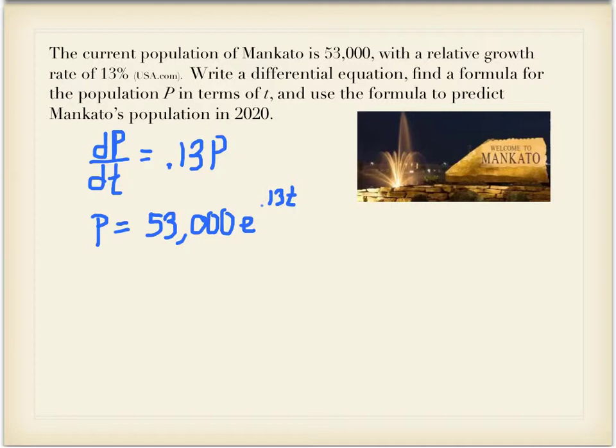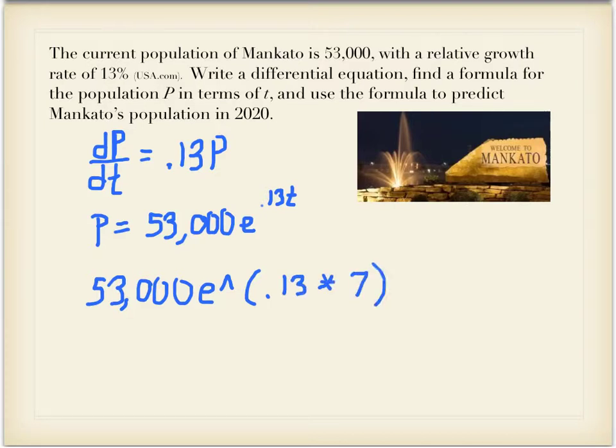And when I'm trying to estimate what Mankato's population then will be in the year 2020, I simply take 53,000 times e raised to the 0.13, and then I multiply that by 7 because of course 2020 is 7 years from right now. Now when I do that, I get this fairly large number of 131,669.